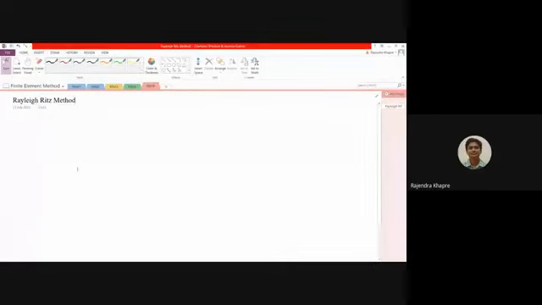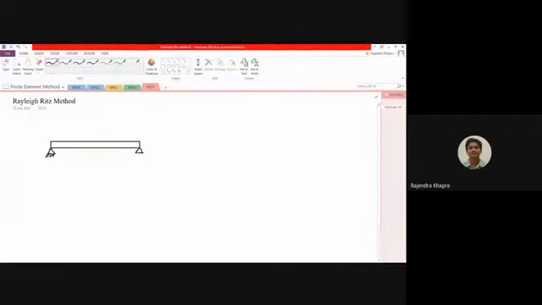Let me draw a beam for you. We have, let us say, a simply supported beam, which is like this. This is your hinge support over here, and this is a roller support over here.